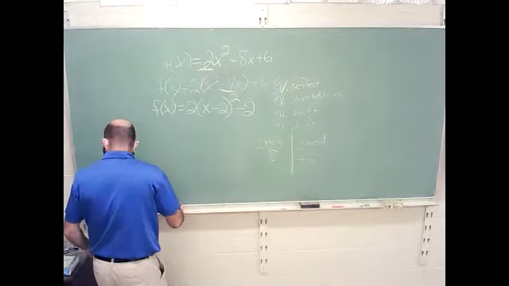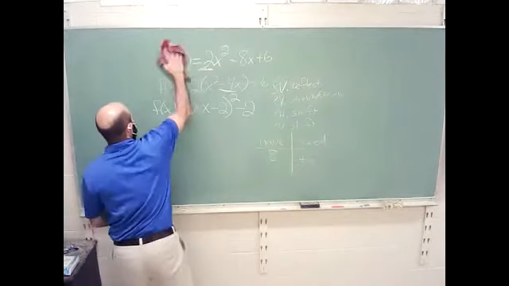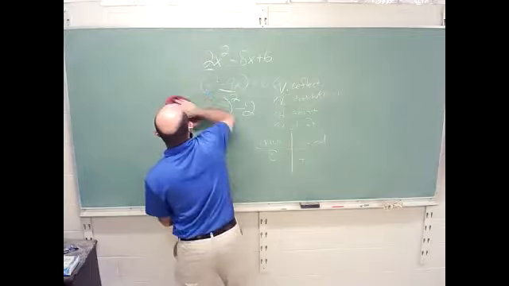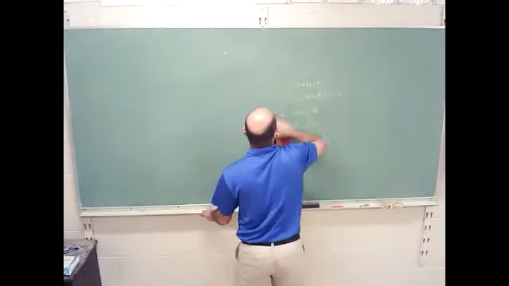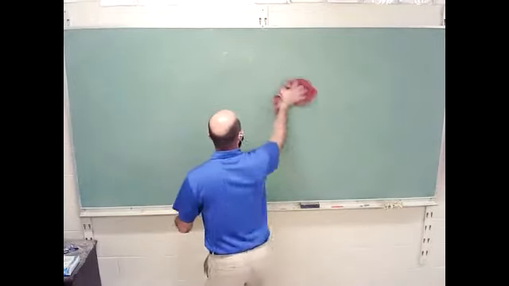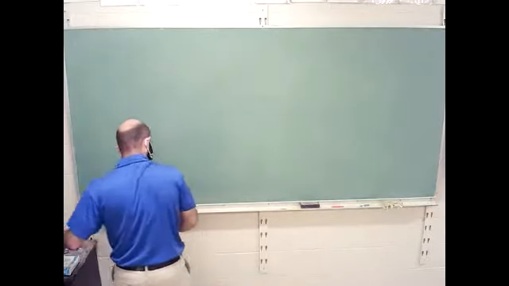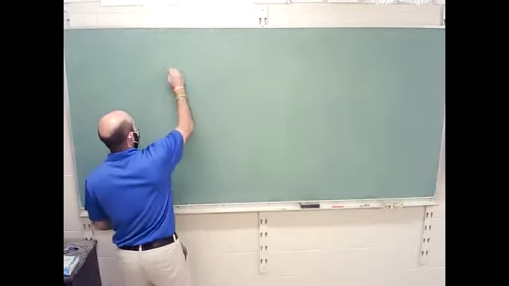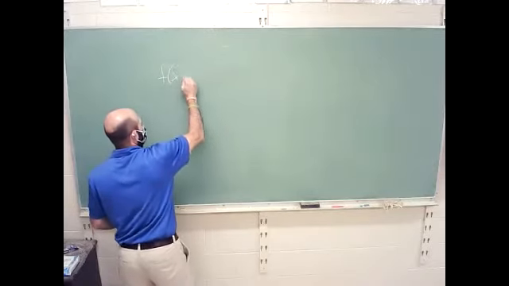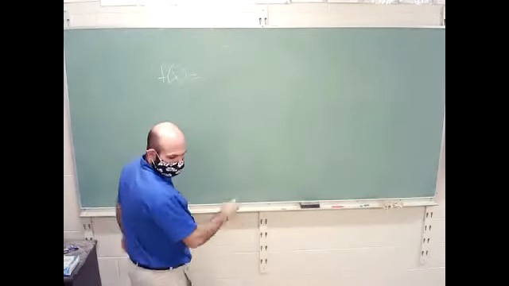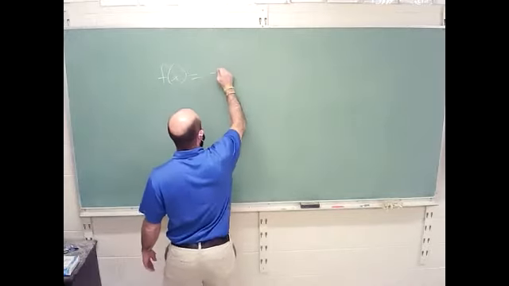I'm going to show you again, just so we can get used to this and see how it all works. Just the steps. Ready? F of x equals, let's just go negative 2 this time. That'll be fun.